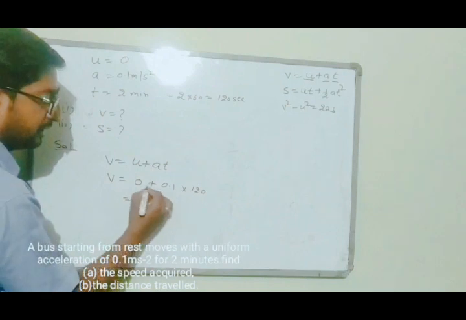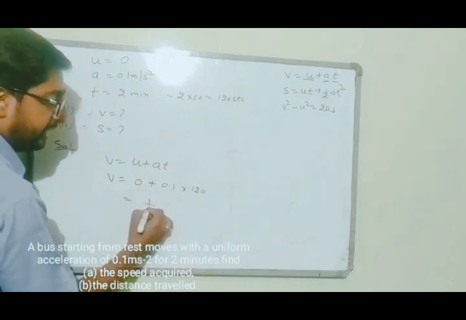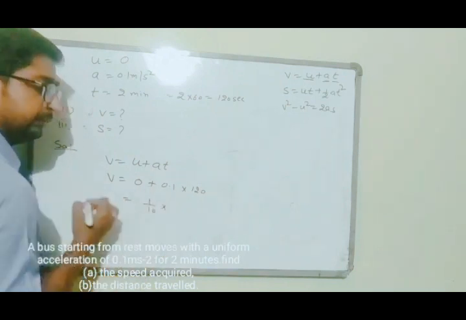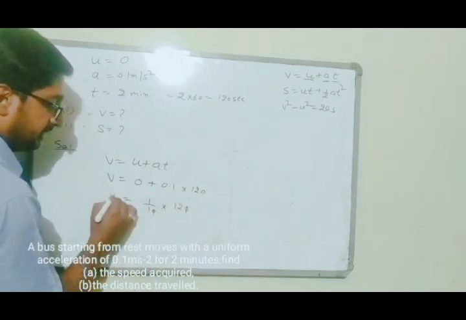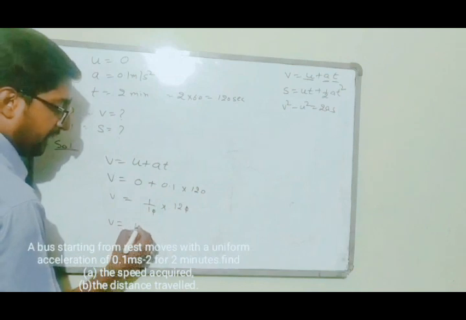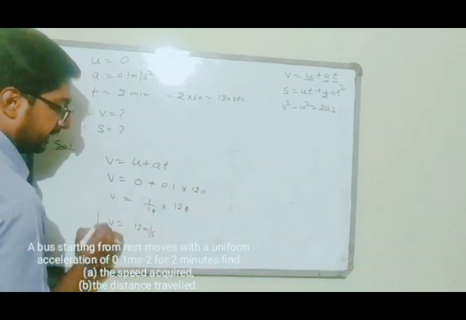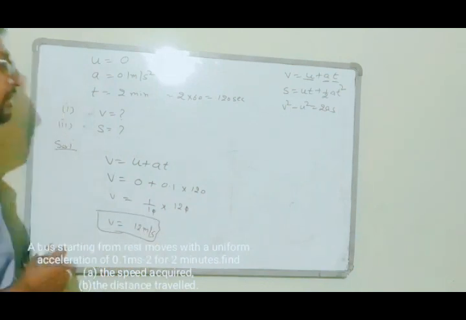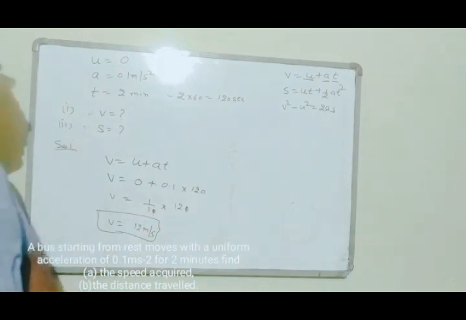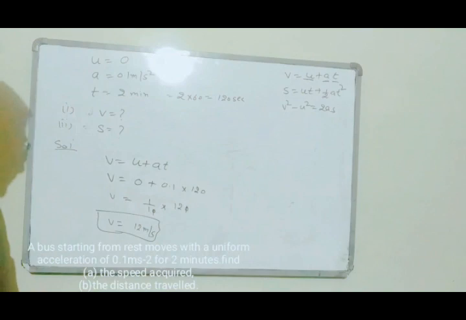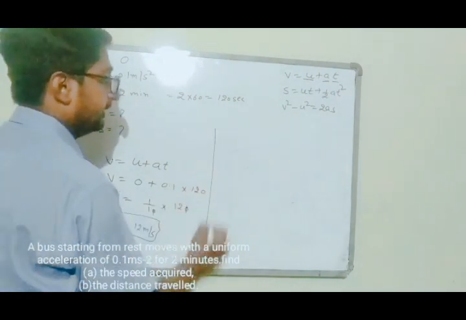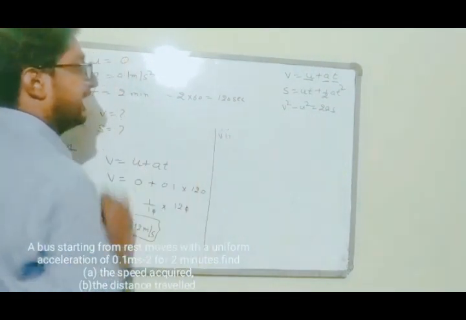That becomes 1 by 10 into 120. The zeros cancel, so V is equal to 12 meter per second. Hence after 2 minutes the final velocity of the bus is 12 meter per second.